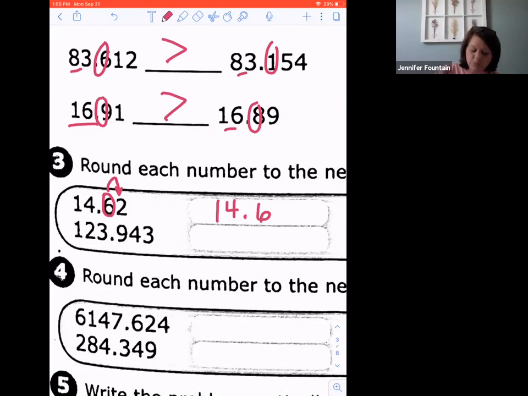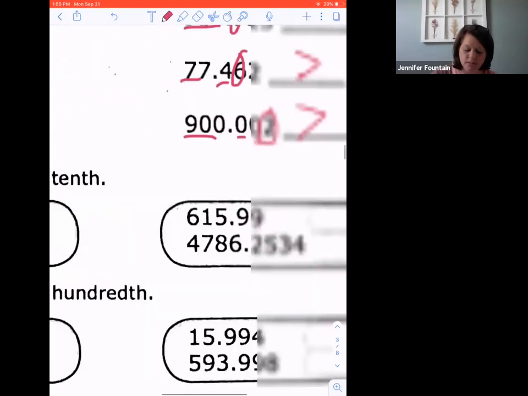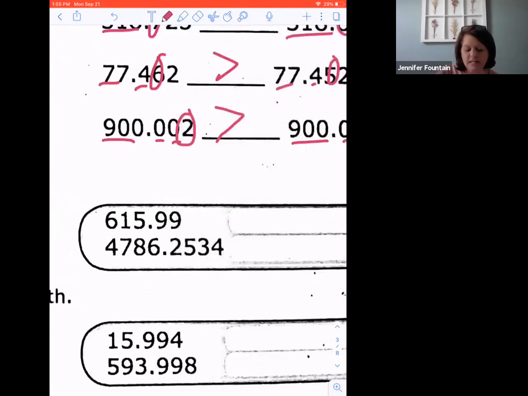So looking at the next one, rounding to the nearest 10th, I've got a 9 in my 10th place. His neighbor is a 4, so that means I keep my 9, so I round to 123.9. Let's look at the ones next to it. 615 and 99 hundredths.